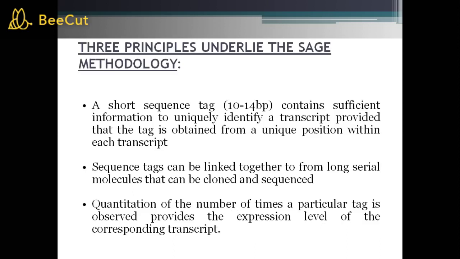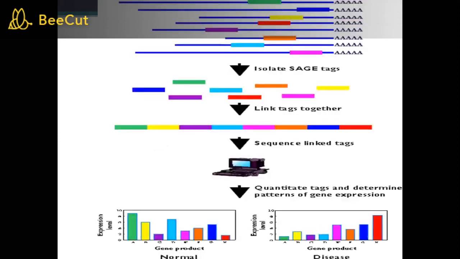Based on these principles, now we will see the methodology of SAGE. Here you can see the mRNA molecule. We carry out reverse transcription so that we can get the cDNA molecule. Then from that cDNA molecule, we isolate the SAGE tags, shown in different colors.